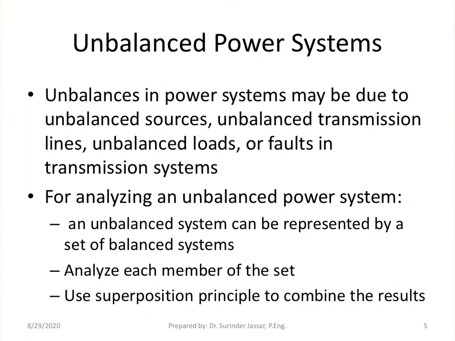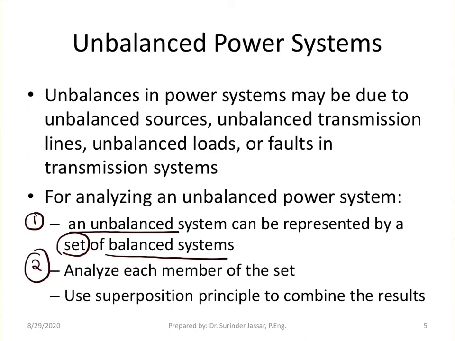An unbalanced system can be represented by a set of, so not only one, a set of balanced systems. So the first step for analyzing unbalanced systems using symmetrical components is that the unbalanced system will be represented by a set of balanced systems. Number 2 will be to analyze each member of the set.